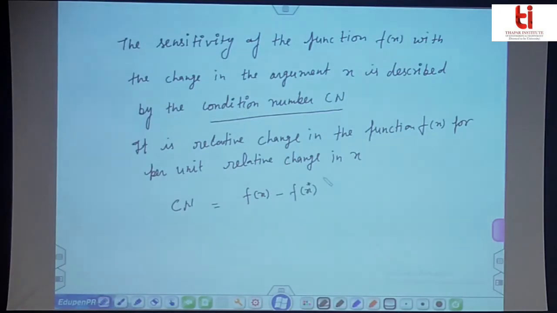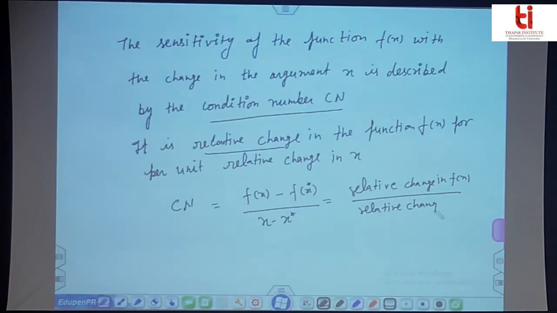Then it is equivalent to the relative change in the function f(x) to the relative change in x, so x minus x*. So condition number is the ratio of relative change in f(x) to the relative change in x. Okay, so we can write it like that. Relative change in f(x) and x is what? That is relative error, we can say.